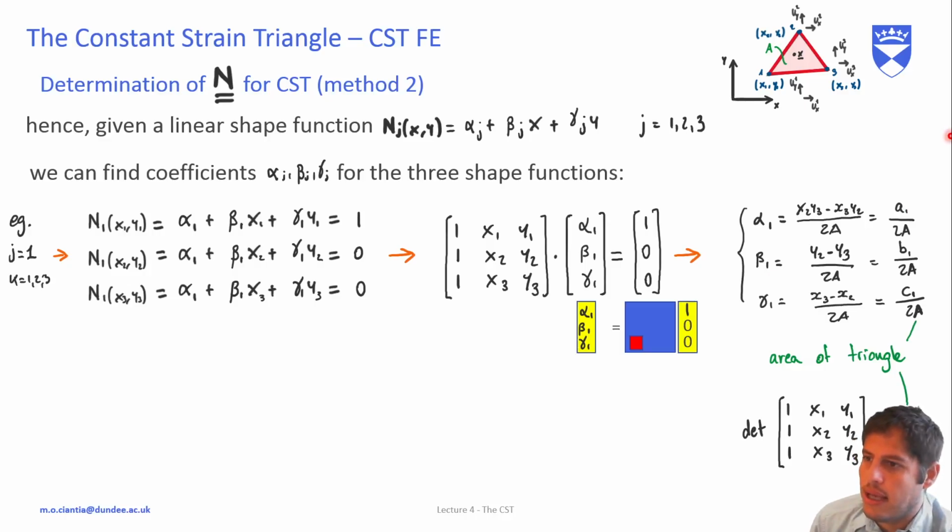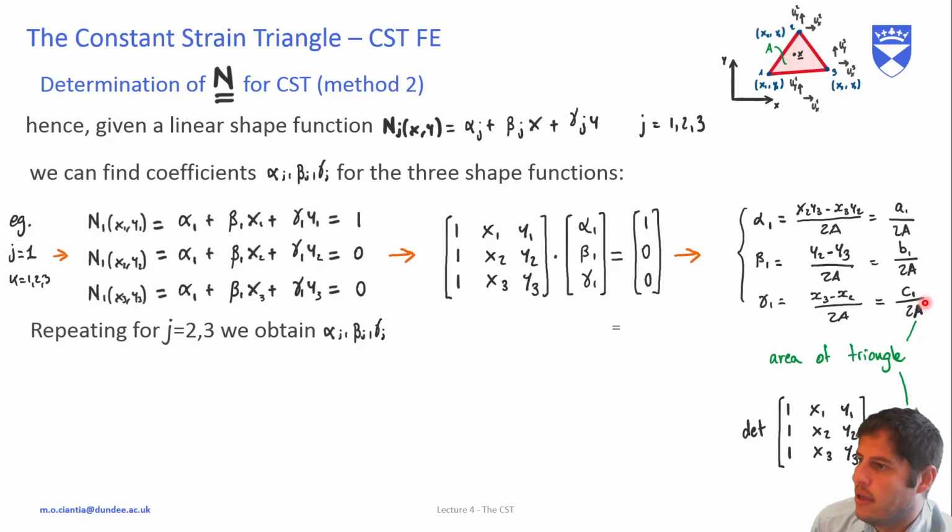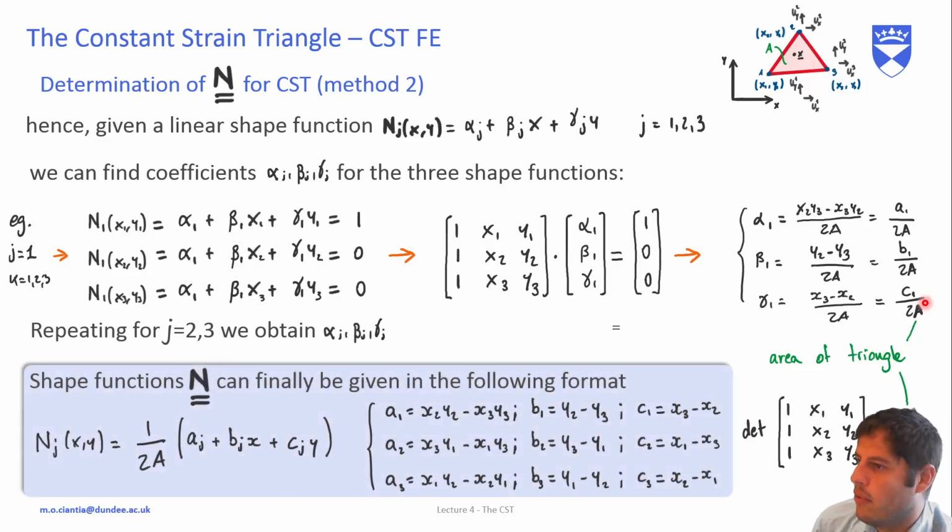So this a1, b1, and c1 terms, okay, if we repeat for j 2 and 3, we obtain all of them, and we can then therefore calculate the shape functions in their final format. They look like 1 over 2A times aj plus bj x plus cj y, where a, b, and c are represented here. Okay, so this is the shape function for the constant strain triangle.